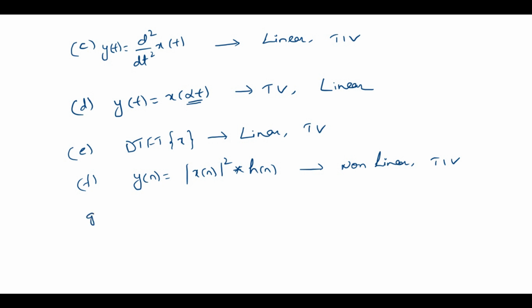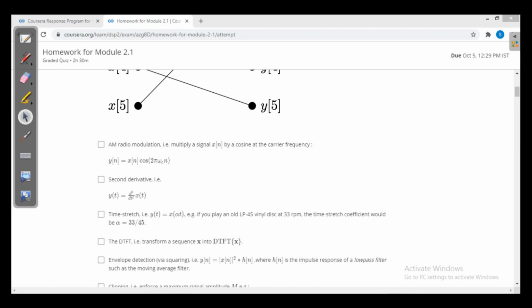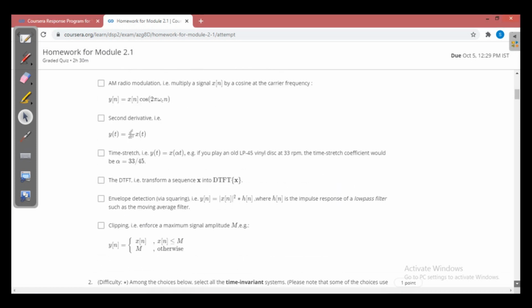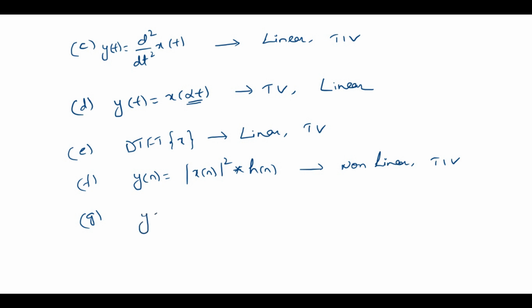Next, option G, y of n is equal to x of n where mod x of n is less than or equal to m, and its value is equal to m else.